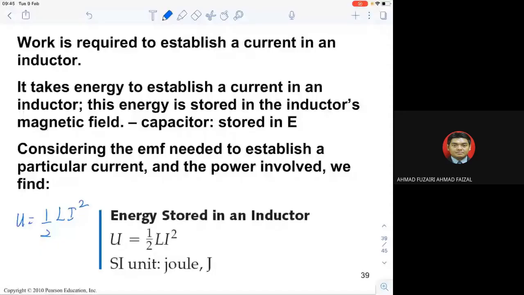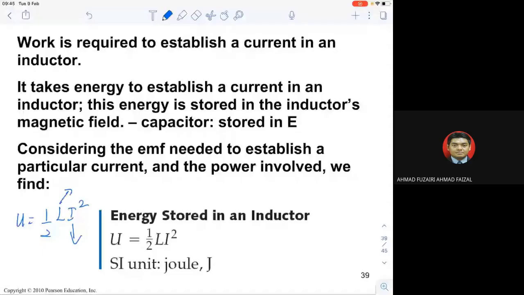The unit for energy stored in the inductor is joule. Work is required to establish a current in an inductor. It takes energy to establish a current in an inductor. This energy is stored in the inductor's magnetic field.